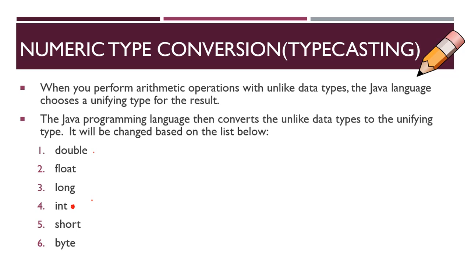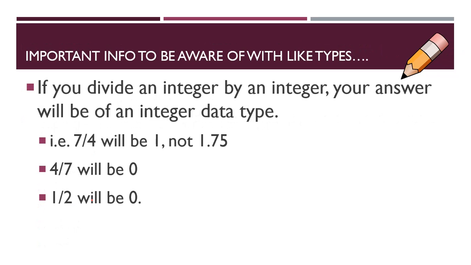Here's the problem though. Let's say I add an int to an int. You're going to get an int. Now you're like, that's not troublesome, but what about division? This is important with like types. If I divide an integer by another integer, your answer will be an integer. So if I divide 7 by 4, you're going to get 1, not 1.75. And this is the most frustrating thing about Java, because you're like, no, 7 divided by 4 is not 1, Java.